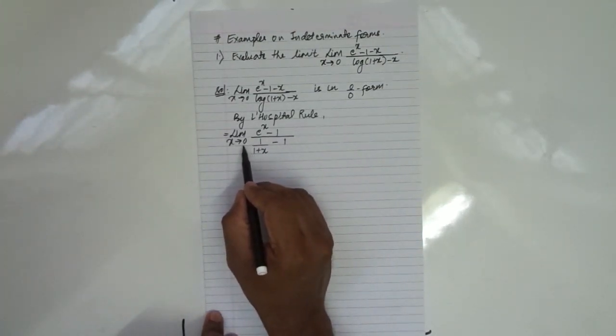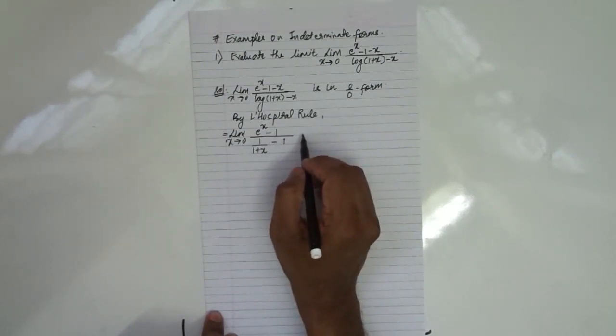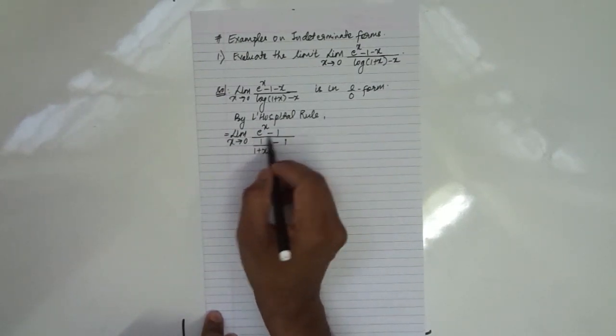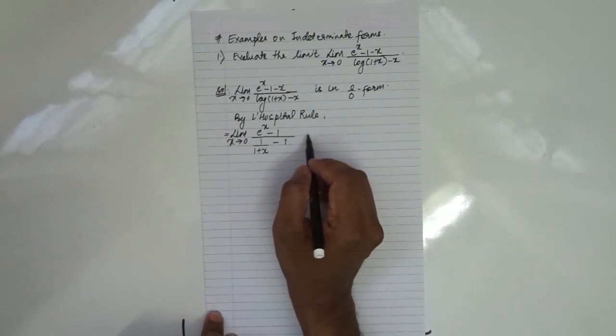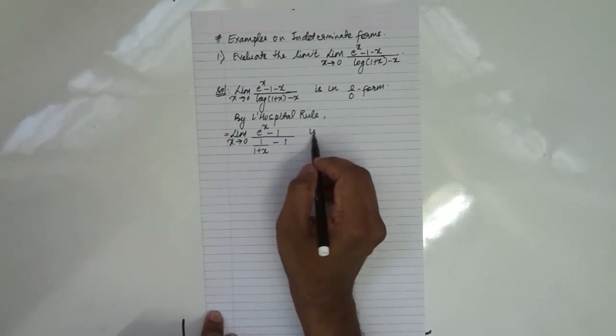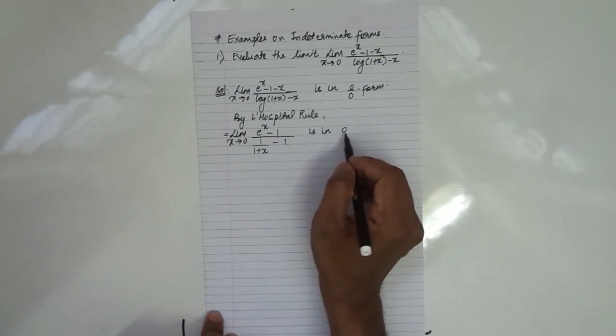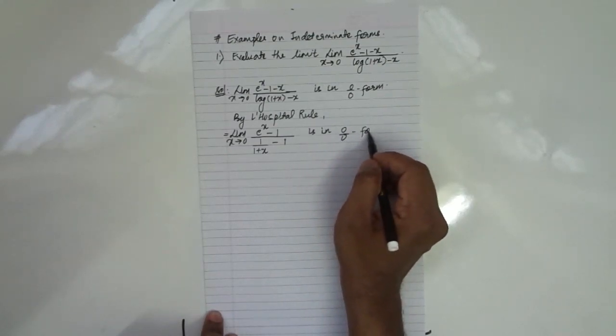Then I will put again the limit. Then I will find that this limit is again in 0 upon 0 form.